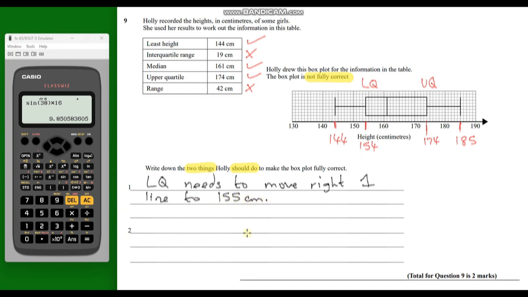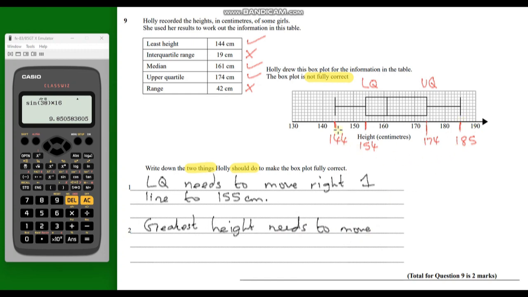So now if we look at the second thing that we need to change, well, it's definitely to do with the range. So either the greatest height's going to be wrong or the least height's going to be wrong, but we can already see from the table that the least height is correct. So this one is wrong. So the greatest height needs to move. Is it going to move left or right?